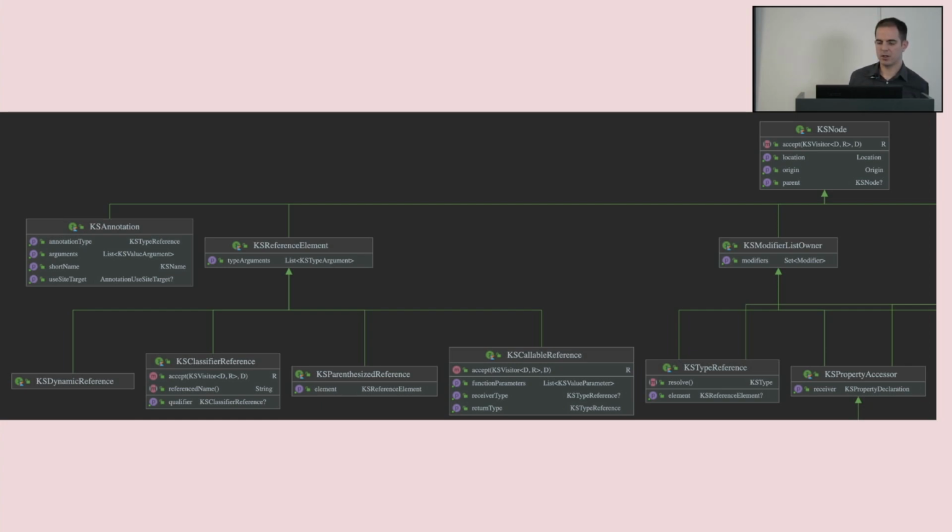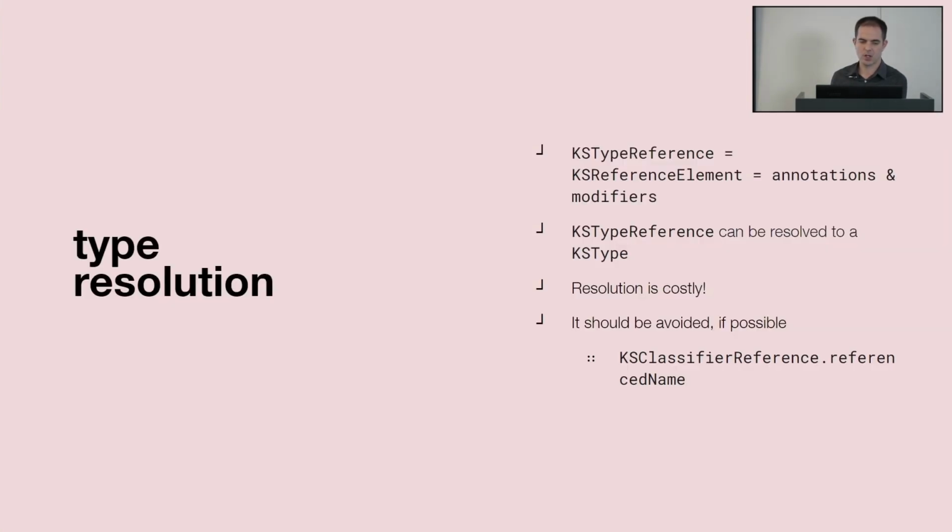These are used when you reference different kinds of types from your code base. For example, when you reference the return type from a function. And this is very important in Kotlin Symbol Processing, because maybe I mentioned this before, that in Kotlin Symbol Processing you have to resolve this type manually.